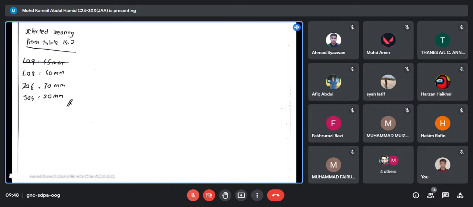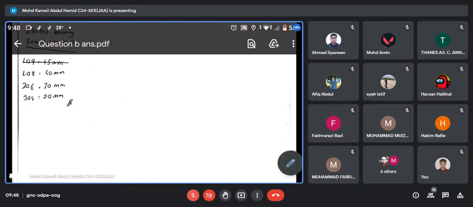Check LO8, pergi dekat table 14.1. For LO8, the DS value is 45.7, then 205 you have 30.5, then for 304 series the DS value is 25.9.